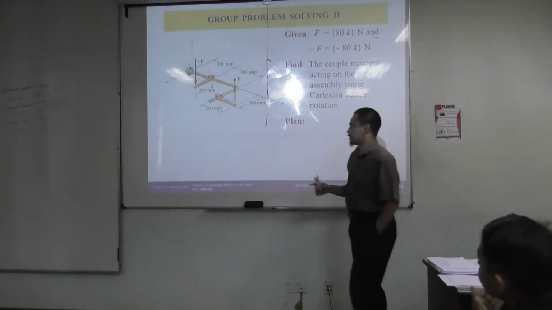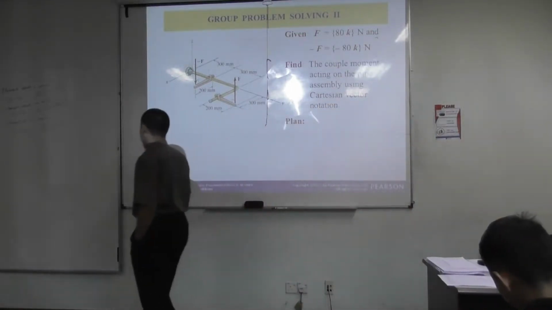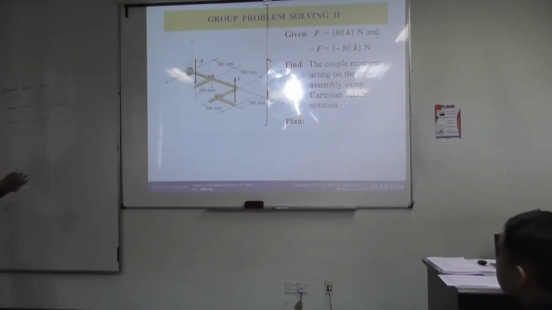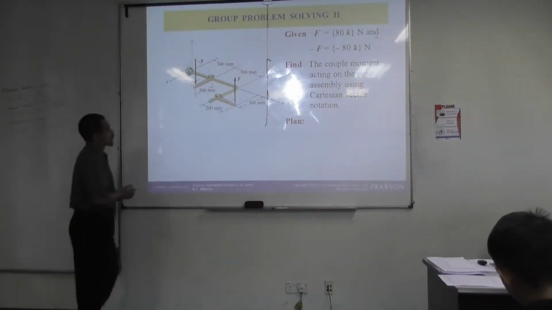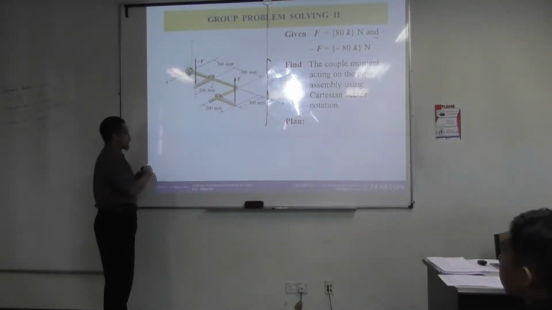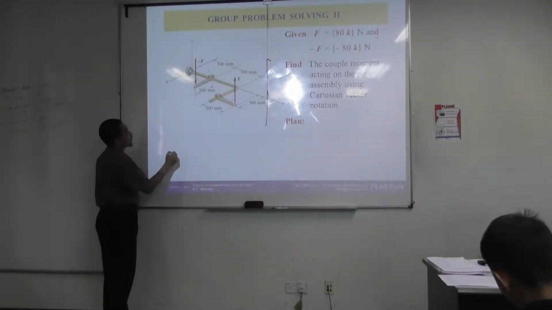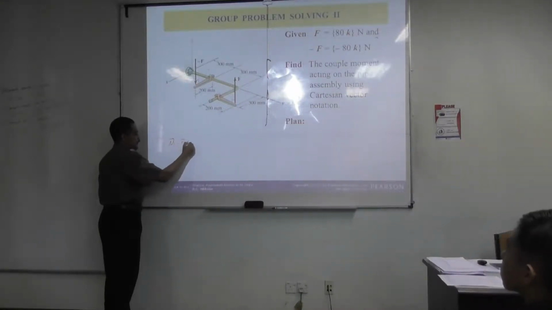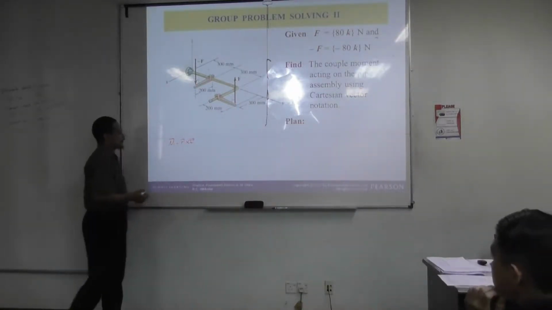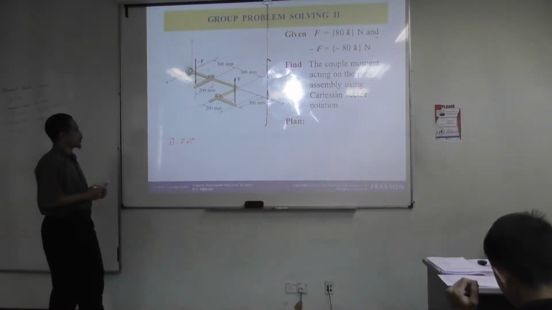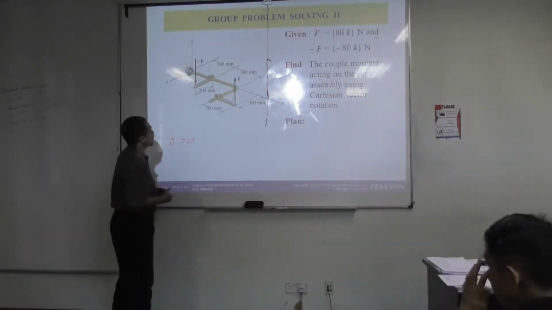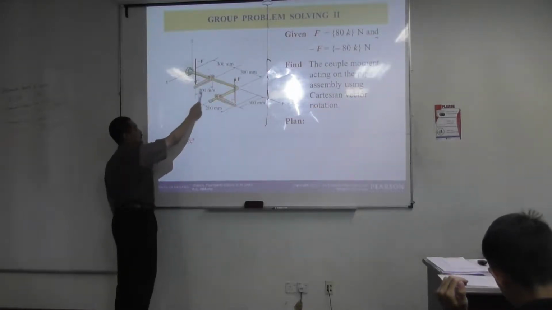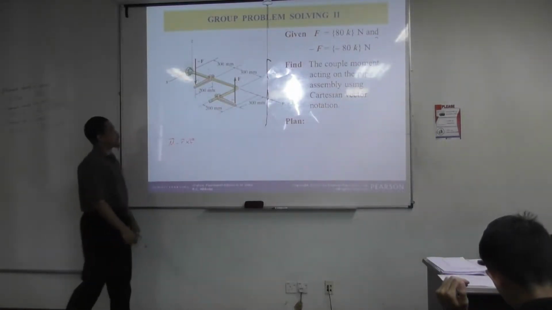Of course, this is again a straightforward application of the equation. We know there's a couple where you have two forces, so M equals R cross F. The question is, which one? Because we have two options, right? Either from this force to this force or the other way around.